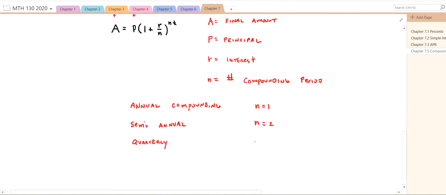For quarterly, every 3 months, n equals 4. There's 4 quarters in a year. And for monthly, n equals 12. The rest of these values are the same as we used before.